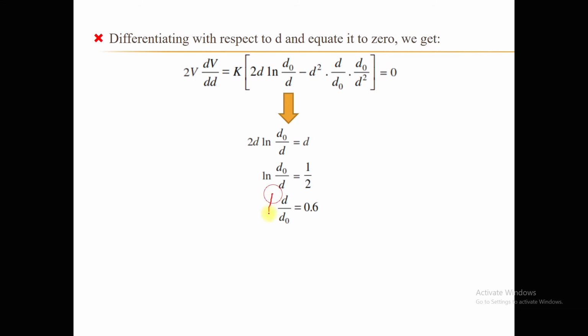So by solving the equation, we can get this mode of condition, that d upon d0 is equal to 0.6 for this equation, if you are solving this entire equation, because we have equated it to 0.